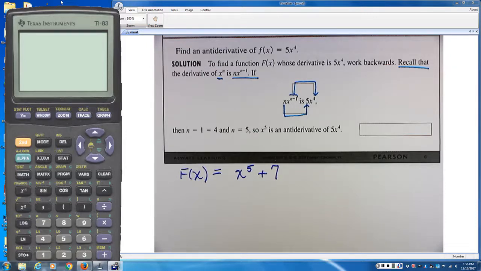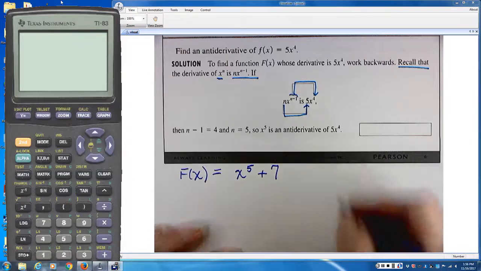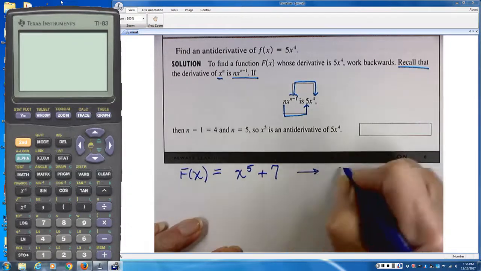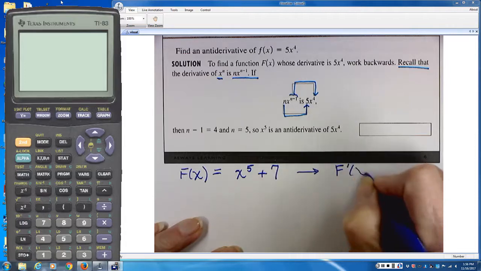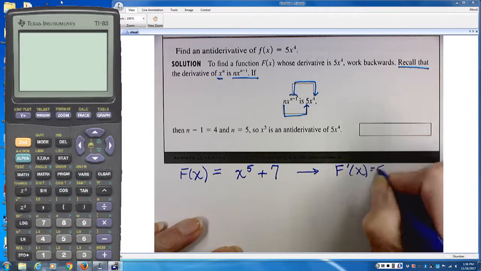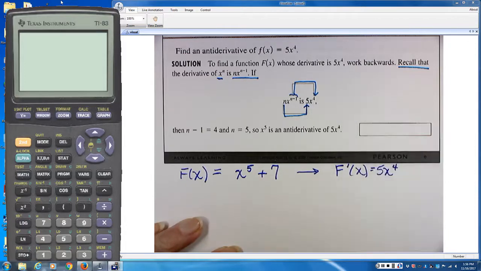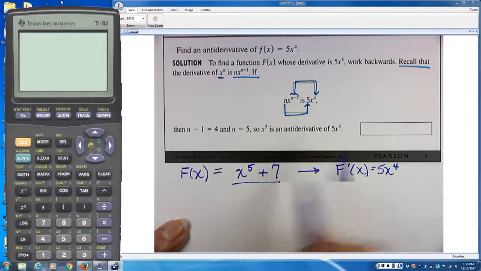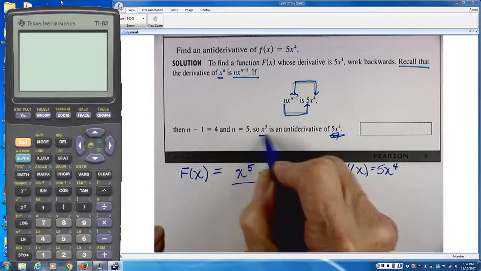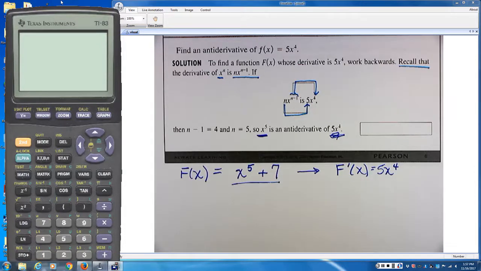What's the derivative of x to the 5th plus 7? 5x to the 4th. But is this the same as that? I'm sorry, not that. Is this the same as that function? No.